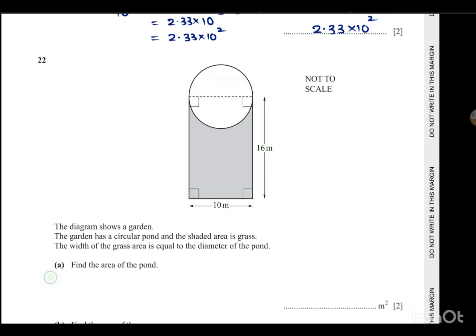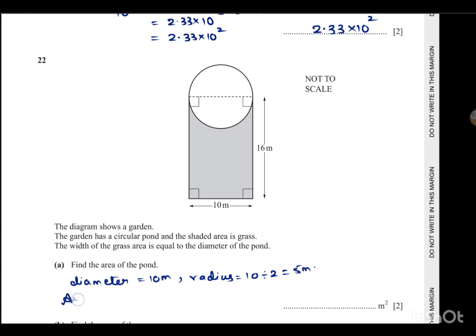They are asking us in question A, find the area of the pond. So that means we need to find the area of this circle. To find the area of the circle, we need the radius. So first of all, what is the diameter here? Diameter is 10 meters. So the radius will be half of the diameter. Divide the diameter by 2, you get 5. 5 meters is the radius.